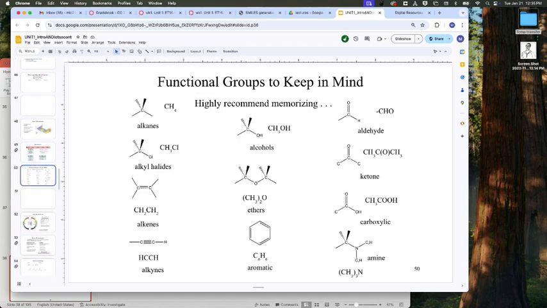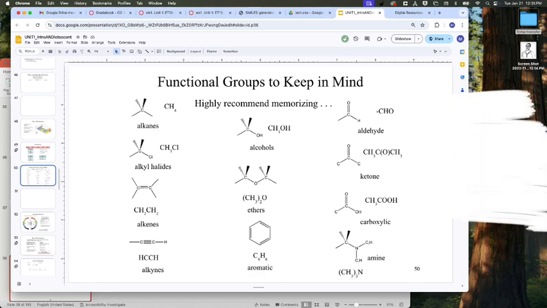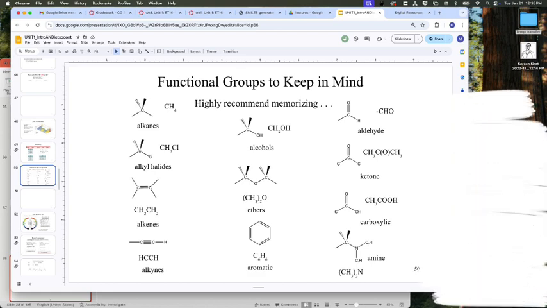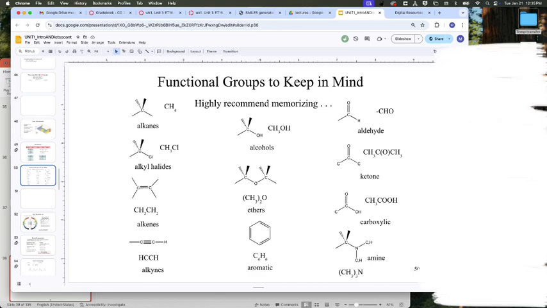So when we get to functional groups, we've got a couple things going on here. Let's clean up some of that context on the side.